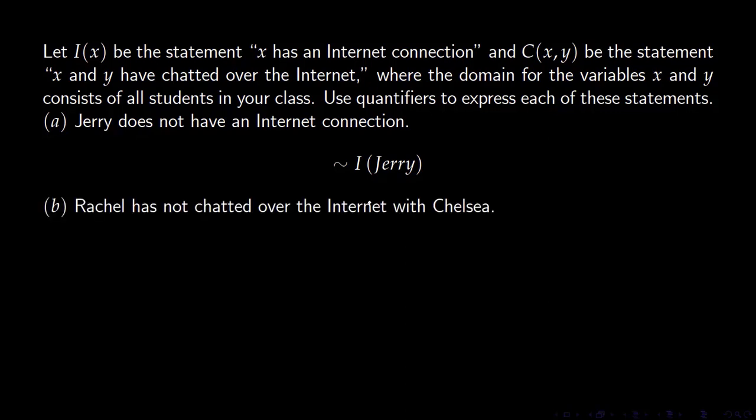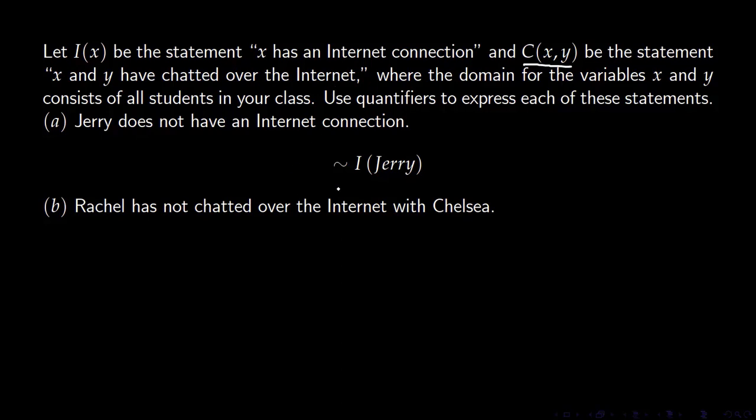Then the second one is: Rachel has not chatted over the internet with Chelsea. So there are two students, Rachel and Chelsea, such that Rachel has not chatted over the internet with Chelsea. Now look at the statement C(x, y). Here we will use C(x, y). If we put x equal to Rachel and y equal to Chelsea, then this will give Rachel and Chelsea have chatted over the internet.